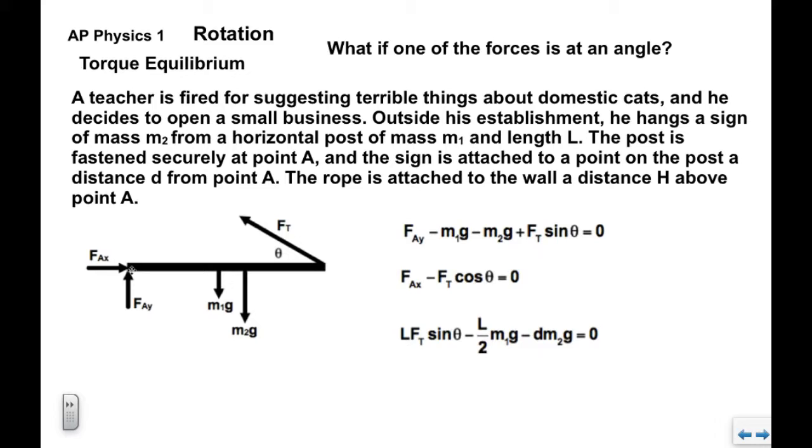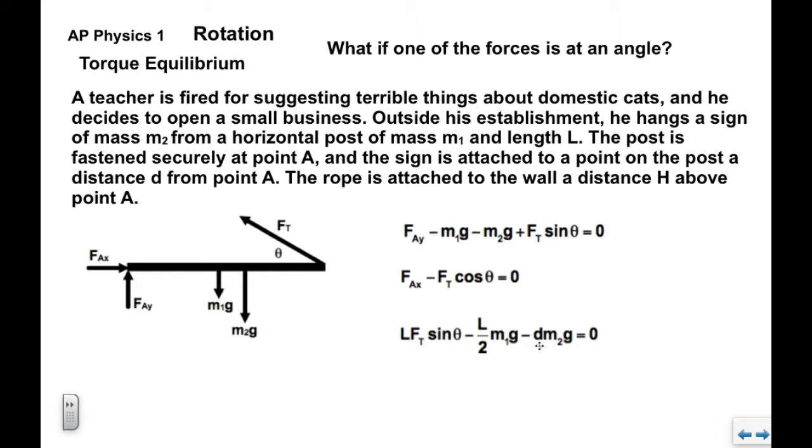So when we write this torque equation, Ft is some distance L away from point A. So we have L times Ft times the sine of theta. That doesn't disappear because theta is not 90. This is positive torque because it makes the beam want to rotate counterclockwise.